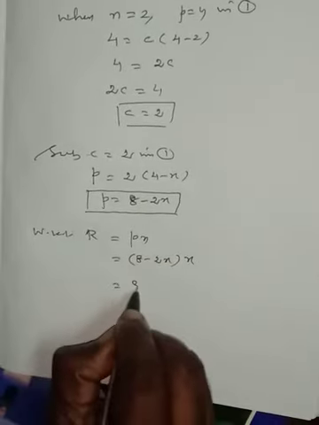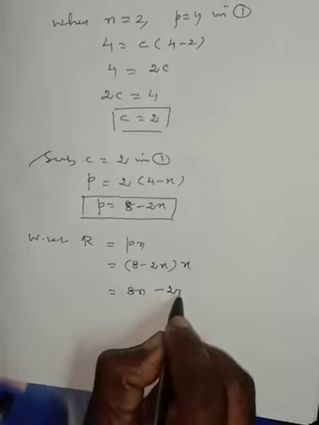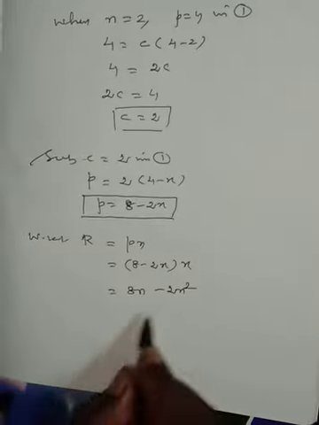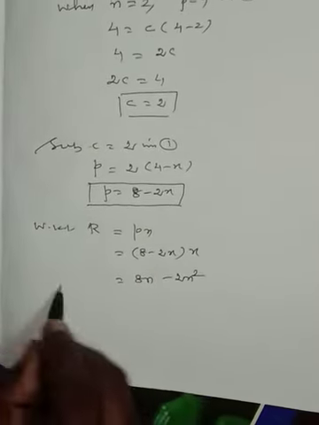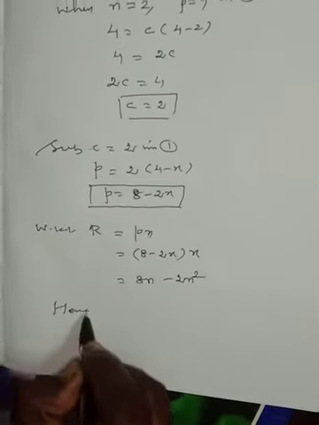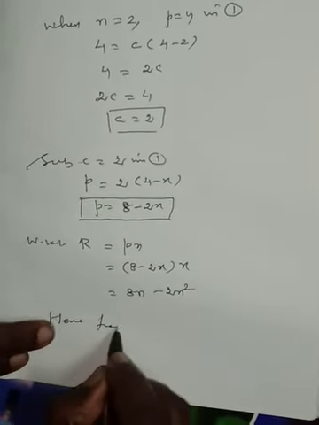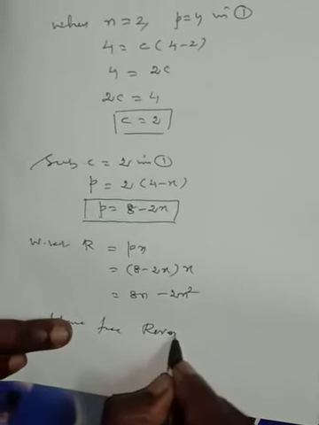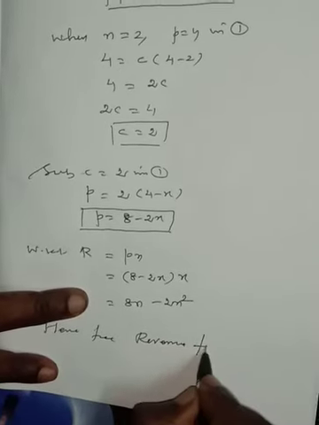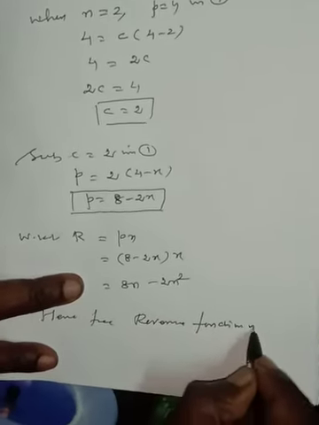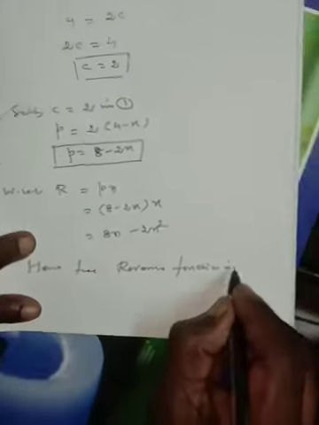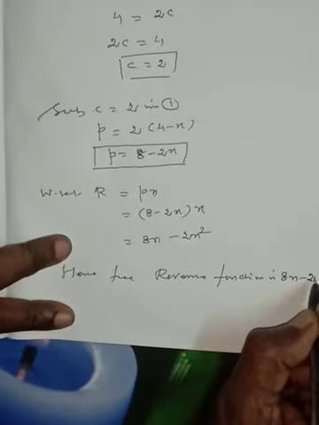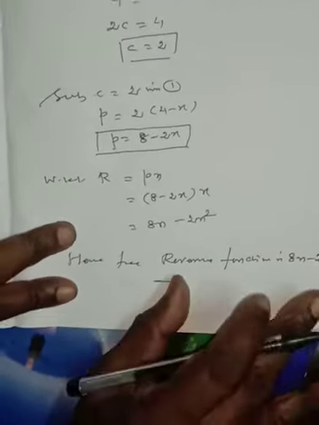That is 8x minus 2x square is the revenue function. Hence, the revenue function is 8x minus 2x square.